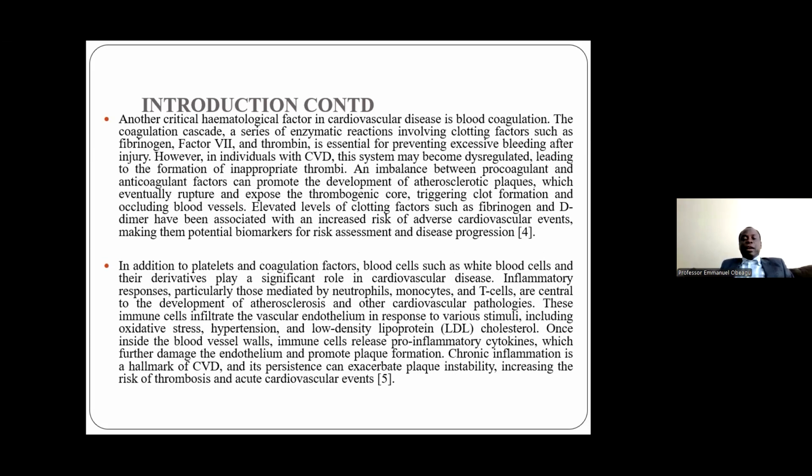So another important aspect of cardiovascular disease, in relation to the blood or hematology, is the coagulation system. As I have said, a coagulation cascade involves a series of enzymes that, if not activated, are regarded as zymogens. And there are critical factors that are very important here relating to the cardiovascular system or disease, involving fibrinogen, factor 7 and thrombin.